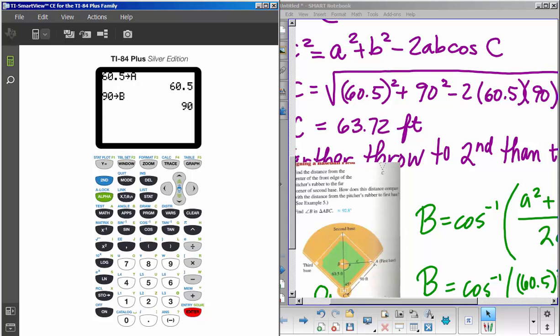Then I'm going to take the expression up here that I did for C, and let's do second square root. That's going to be alpha A squared plus alpha B squared minus 2 times alpha A alpha B times the cosine of 45, I think, right?